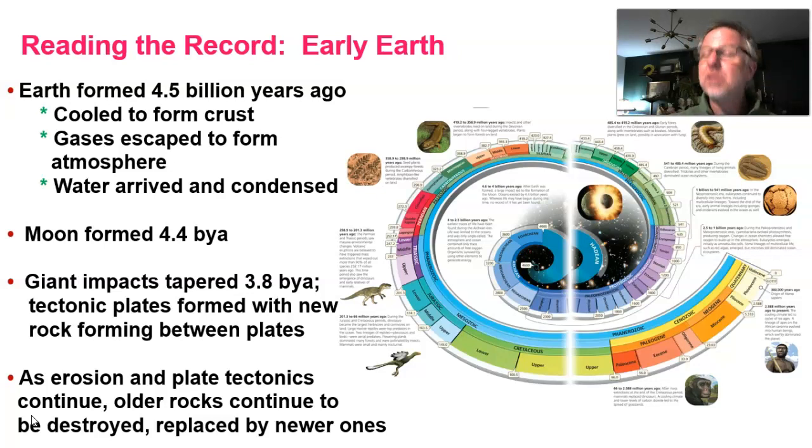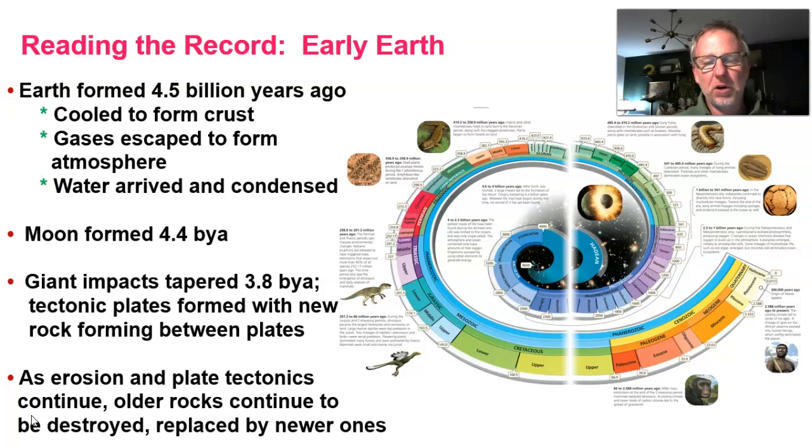Water arrived. The model for that is water was brought in from comets extraterrestrially. There's abundant water, really, in our solar system. And as our Earth began to cool, the water condensed and began to rain. This started to produce oceans.